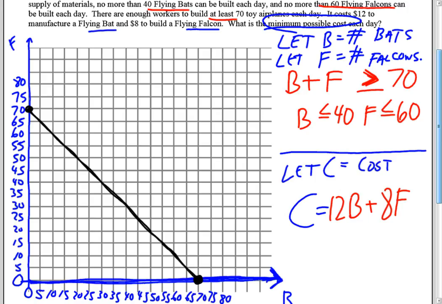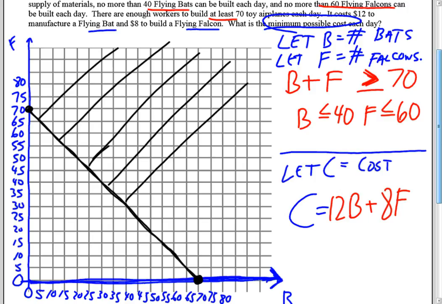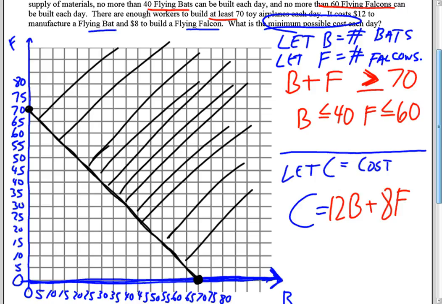Where am I shading? I'm shading this way because I'm looking at greater than. Whenever we have one variable, that should be B and F, B and F. This is saying, as far as the line goes, B is always 40.